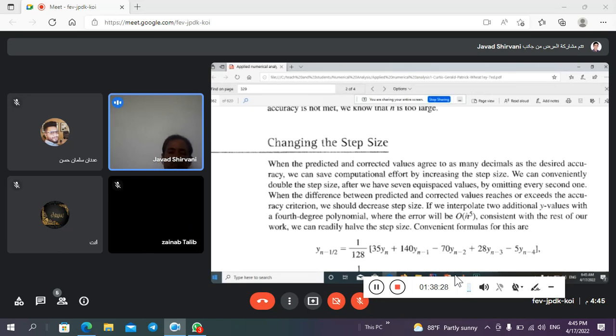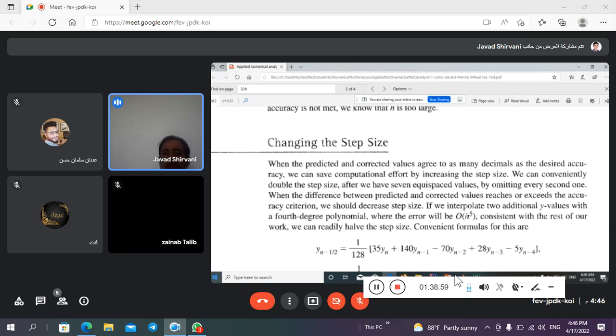Here, when we change the step size, we can get a more efficient algorithm. We may, in the first stage, use the step size of 0.2, and in the next stage use another step size and get different values for y, and use this information to improve the value of y.